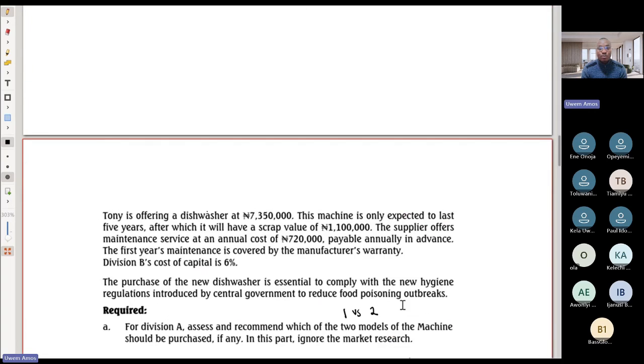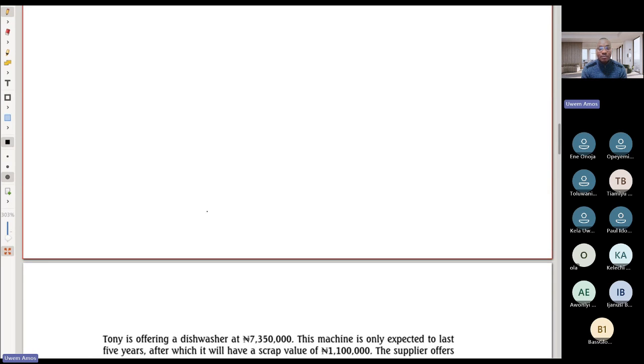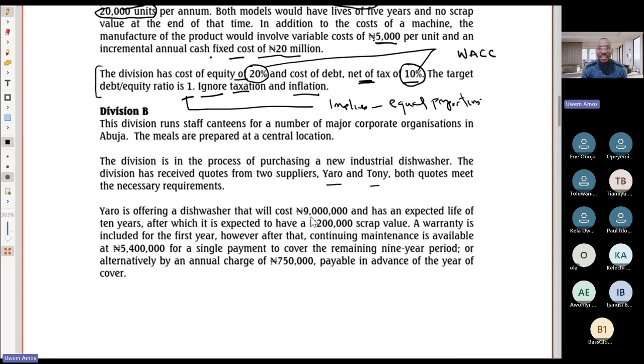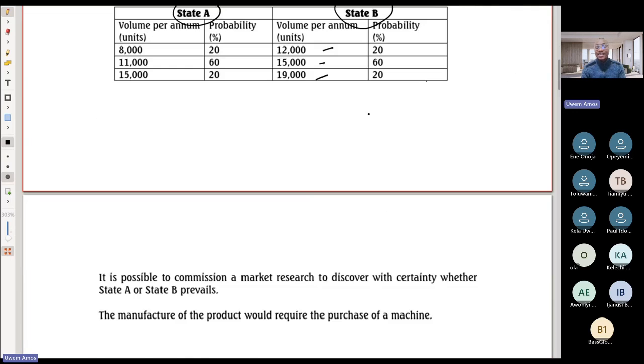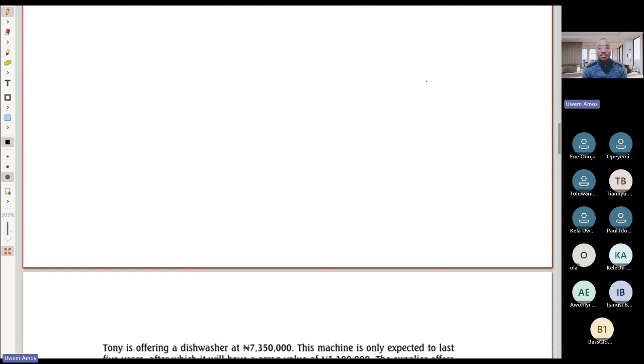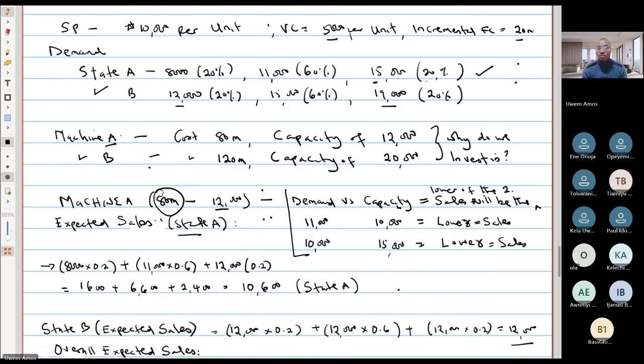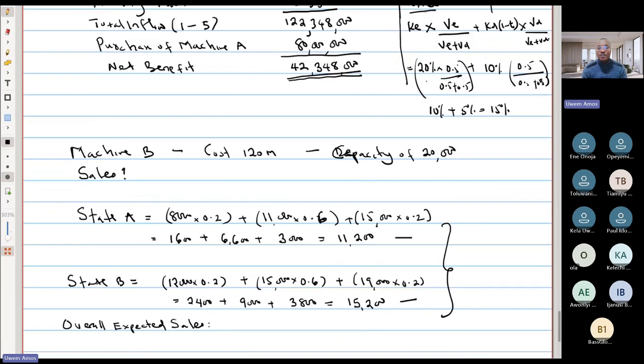It states right here that it is estimated that the two states of demand are equally likely. So they both have a 50% chance of occurring.